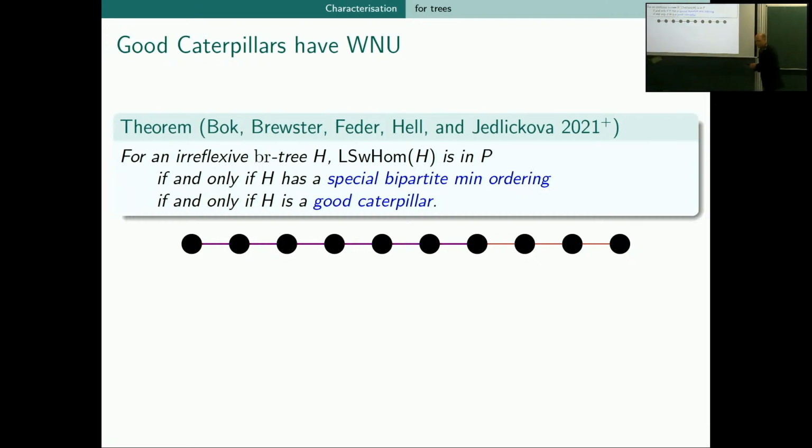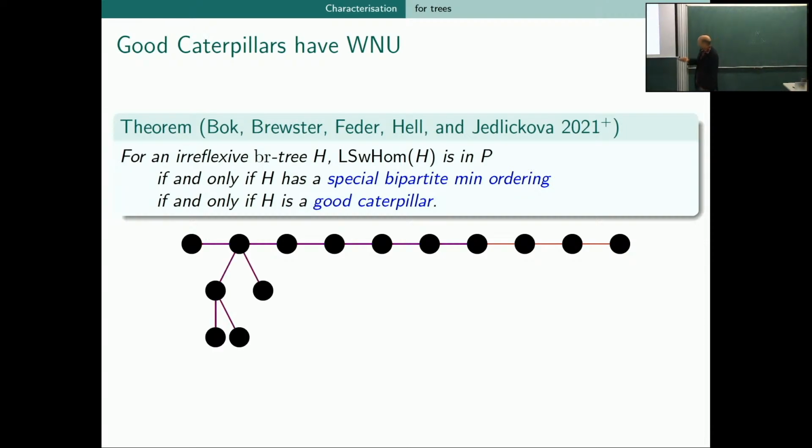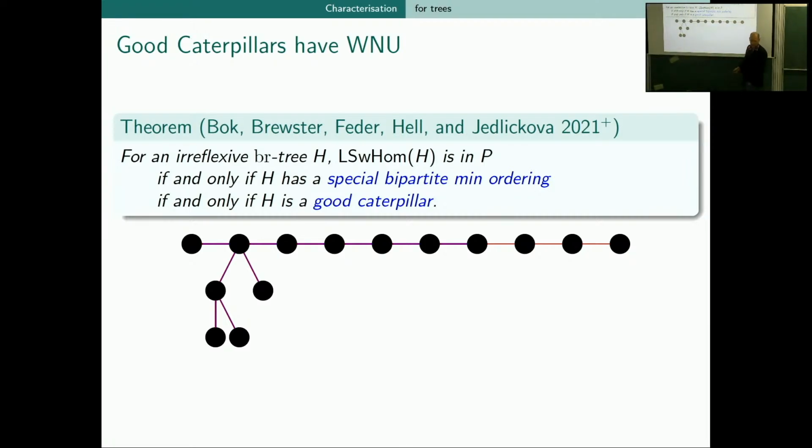So a good caterpillar is what? Well, they start with a path, and on that path we have purple edges until a certain point, and then we have red edges. Now, these could be blue edges, but we can switch them to red. It's not too hard to see. So we can assume that everything's purple and red. Then at each vertex in this path, we're allowed to have a tree of depth up to 2.